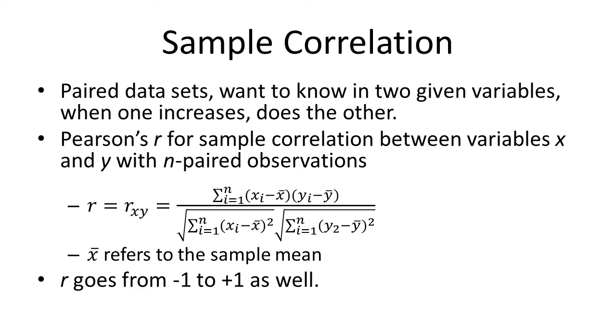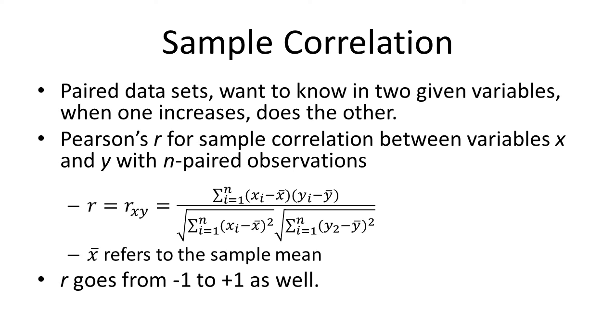So the sample correlation is something that you're going to be interacting with much more, and in this case you have paired data sets, and you want to know that in two given variables, when does one increase, and if it does, does the other increase in the same way? Does it decrease, or does it just go in different directions?